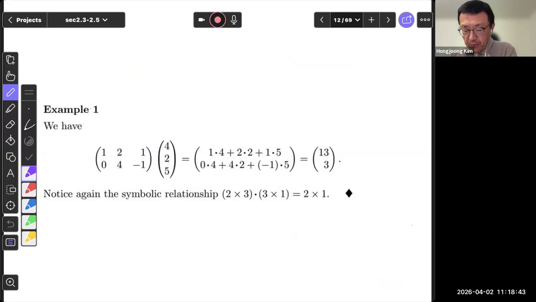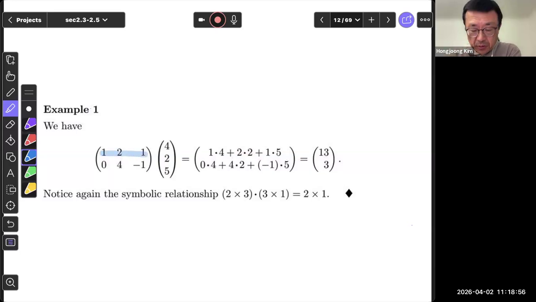So if I have these two matrices, a 2 by 3 matrix with rows 1, 2, 1 and 0, 4, negative 1, and a 3 by 1 matrix 4, 2, 5, you first consider the first row of the first matrix multiplied by this vector 4, 2, 5. This product will go to the first row, first column. When the second row of the first matrix is multiplied by the vector, that entry goes to the second row, first column entry.